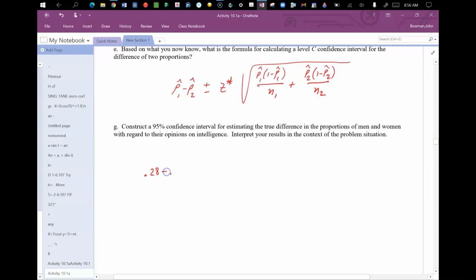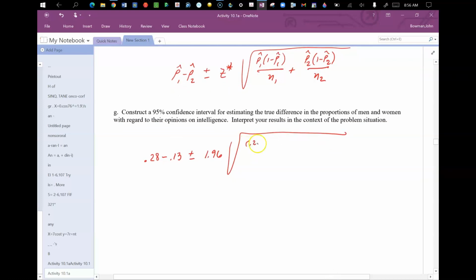So a 95% confidence interval for our situation would go like this. 0.28 minus 0.13 plus or minus. For 95%, the critical value for z is 1.96 times the standard error, 0.28 times 0.72 over a sample size of 506 plus 0.13 times 0.87 over a sample size of 520, and that would be the work you have to show.